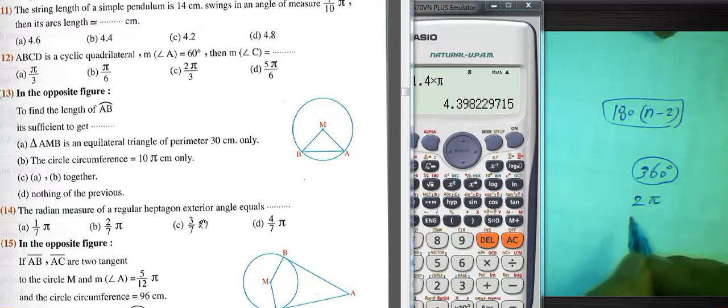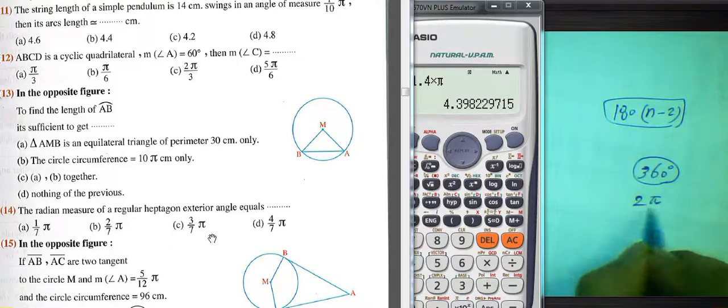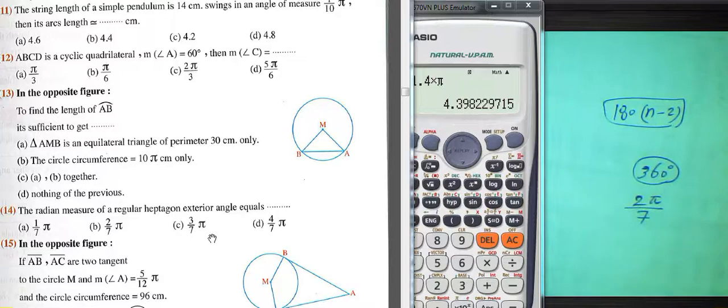We want the radian measure of a regular heptagon's exterior angle, so we divide by 7: 2 pi divided by 7. So you will choose letter B.